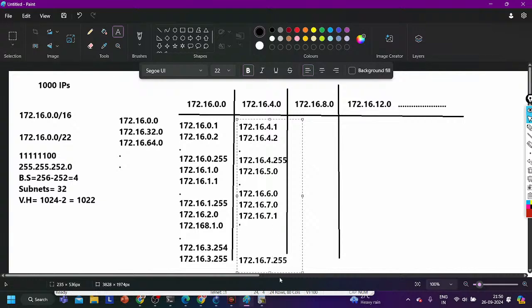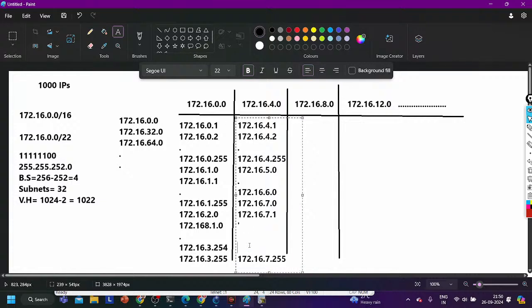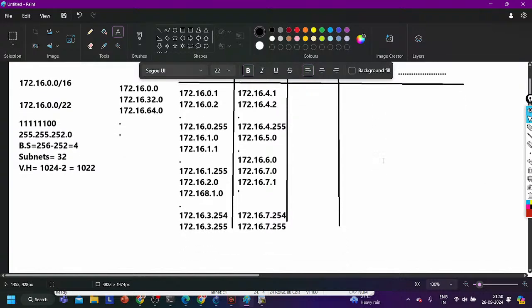If you add 1 to this IP address, you will get the next subnet. So the last valid IP address of this subnet will be 7.254. Got it? Like this you can calculate the network ID of the second subnet, third subnet, and so on.